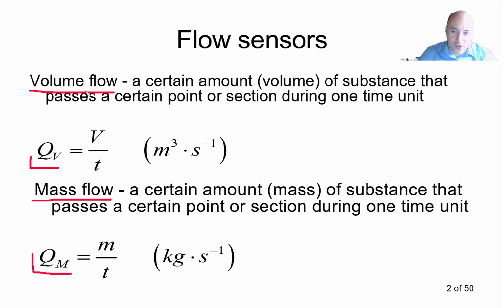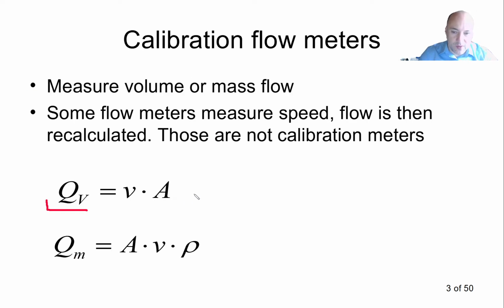So those two ways, volume flow and mass flow, are the definition principles of flow. But we will see that some of the flow meters will also measure the velocity in a pipe, for example, and then by multiplying this velocity by the cross-section we can get flow as well. However, this is not the direct definition of flow. So if the flow meter uses this principle, it will not be possible to use it for calibration of other instruments.